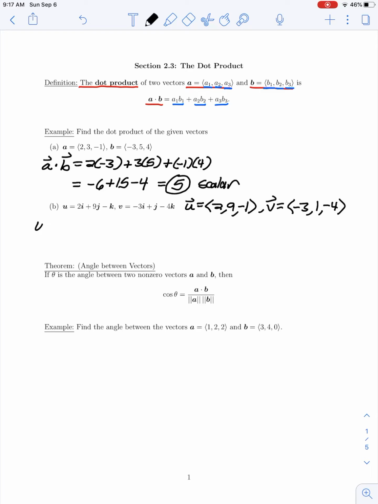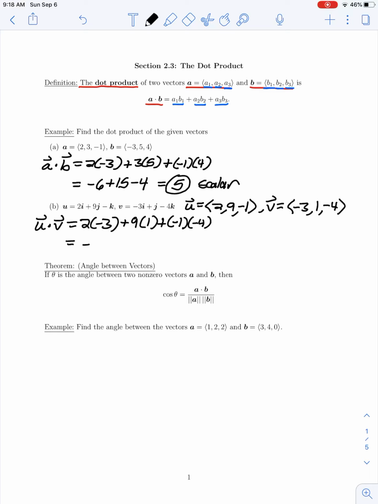So to get the dot product of these two, u dot v, we would have the product of their first components. So here, 2 times -3, plus the product of the j components, which would be 9 times 1, plus the product of the k components, -1 and -4.